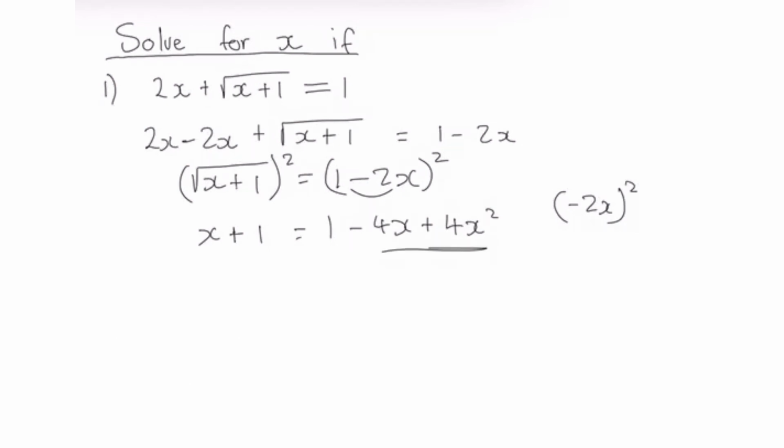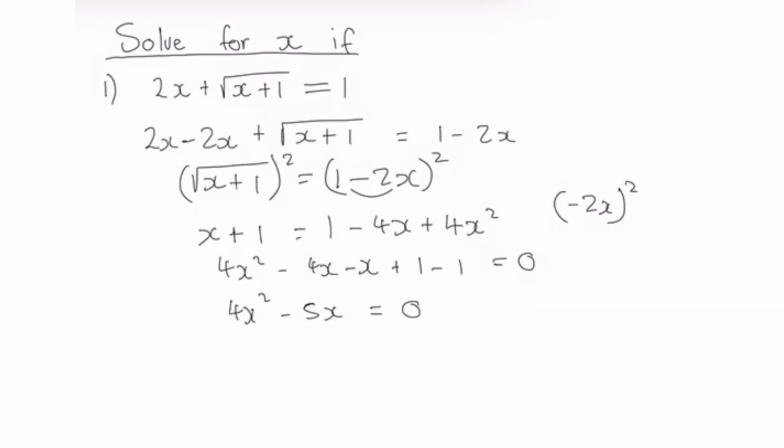On the other side, you will get 4x squared minus 4x minus x plus 1 minus 1, which equals 0. At this step, you just have to simplify further. Collect like terms. These are like terms and these are like terms. Now we say 4x squared minus 5x plus 0 equals 0. I'm not going to write plus 0.